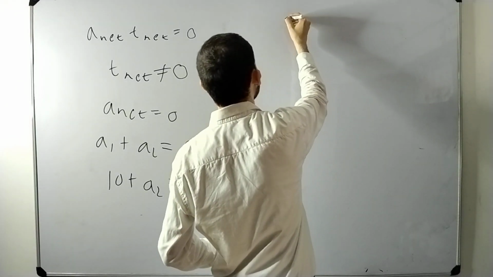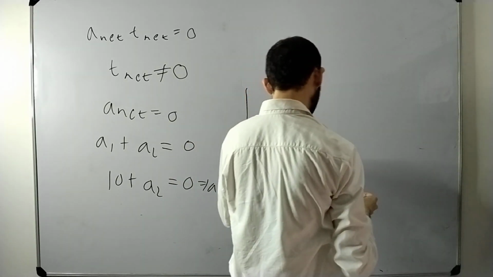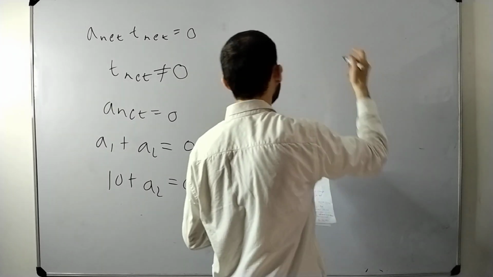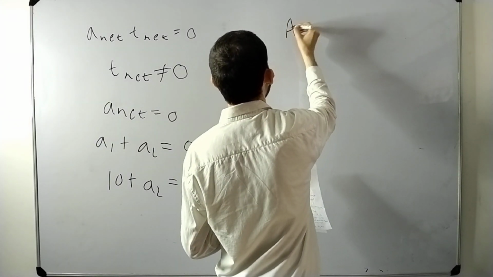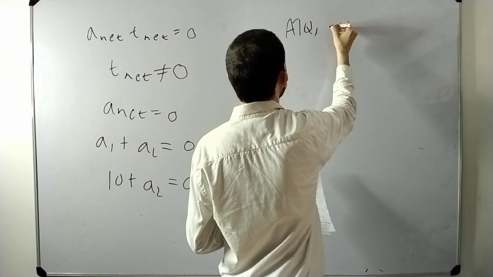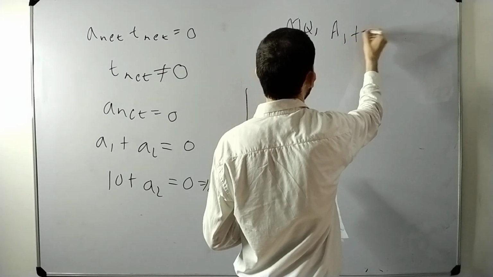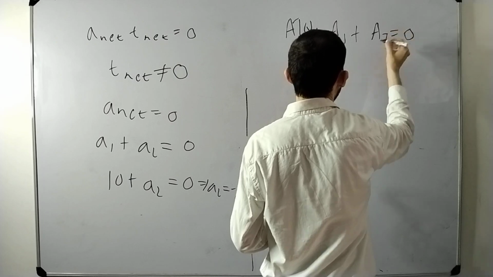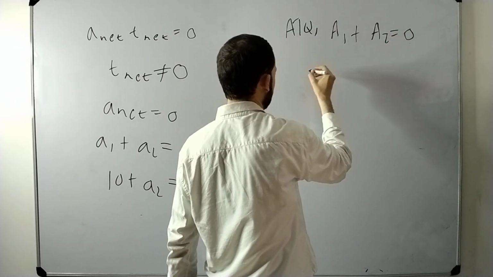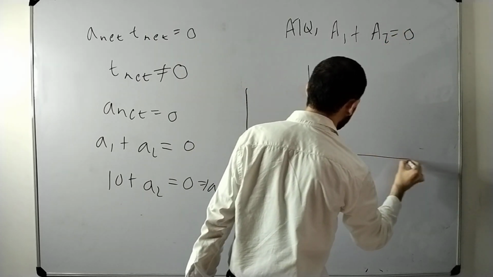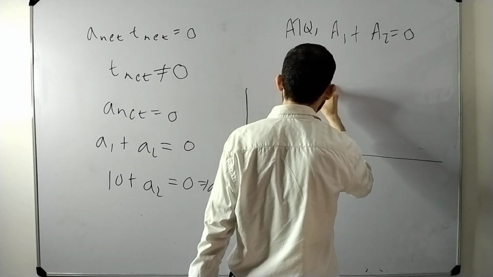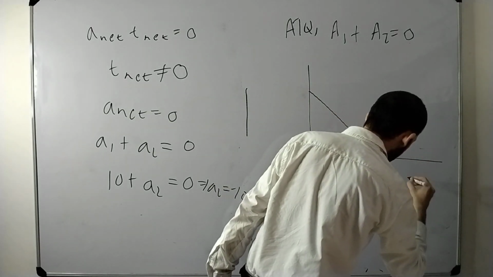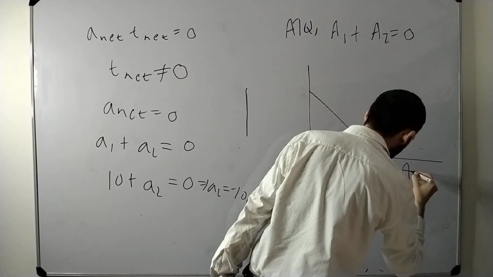So time should be what? Let me see the figure. 20 is A1 according to the question. A1 plus A2 should be equal to 0. Now you would be asking, sir, what is A2? Right, students? So this is the figure of the whole thing. This is A2 being asked.